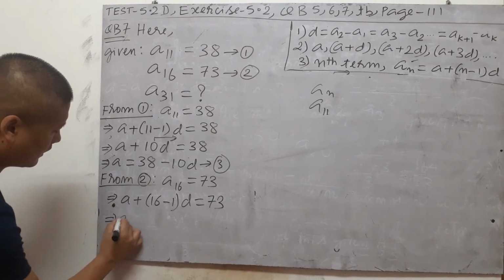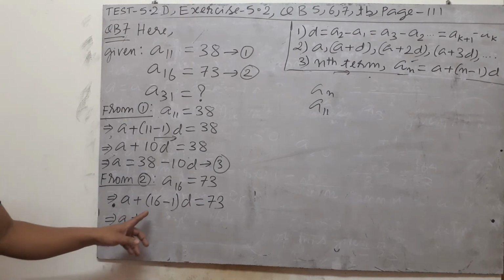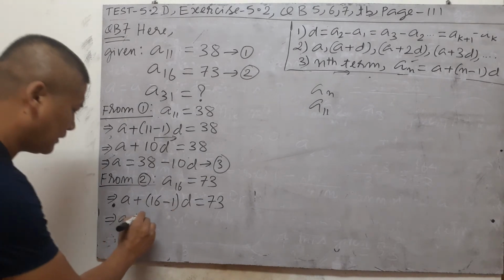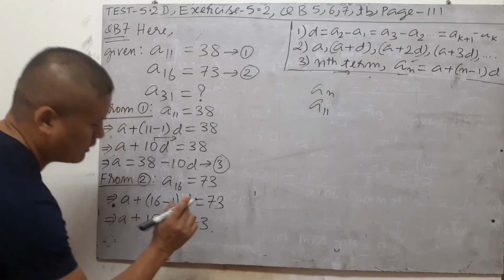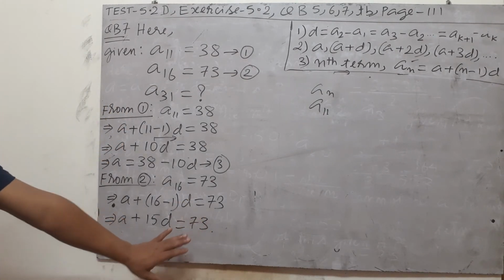So it gives you A plus 16 minus 1 is 15, so 15D is equal to 73. I hope you're getting it right.